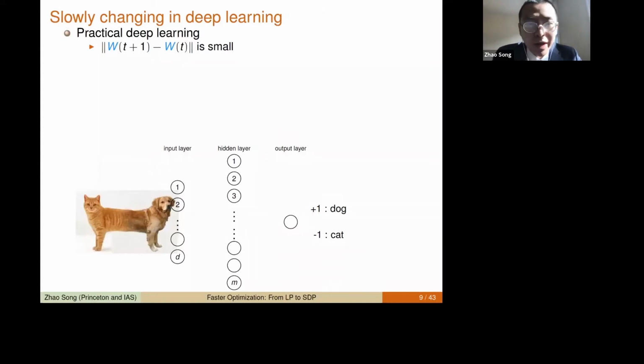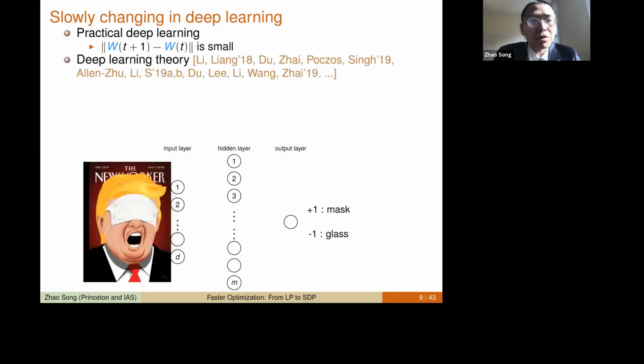If you ever train a neural network and plot these weights between two iterations, you will see they are very small. Also in deep learning theory, this slow change has been implicitly used in the math.